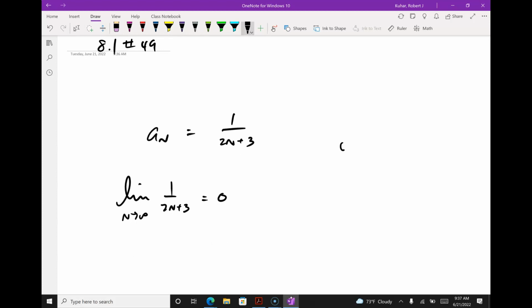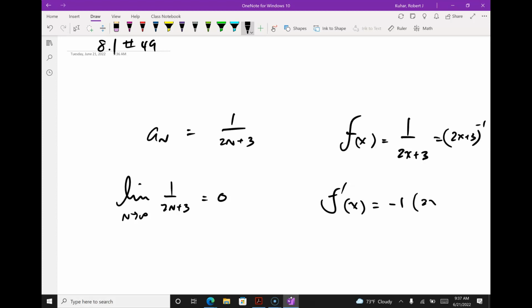So what we do is we convert into a function. We find our derivative. So I get negative 2 over 2x plus 3 quantity squared.